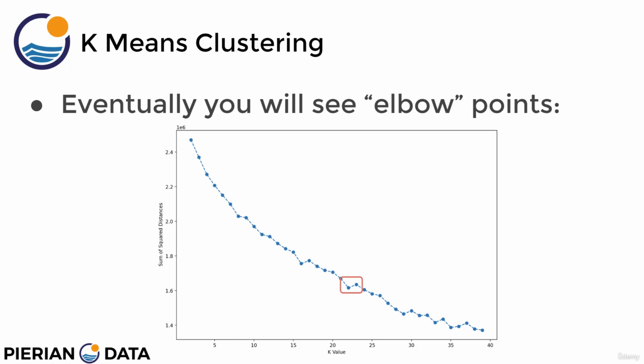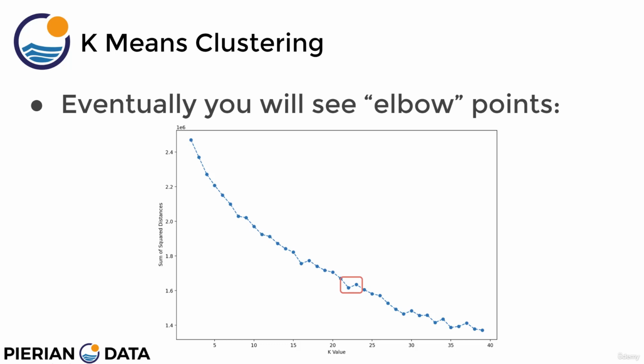Here we can end up looking for those elbow points and see where does it make sense to maybe do a cutoff where we're not actually decreasing SSD that much anymore by adding in a new cluster, and then start exploring that. And then that's where you could do the correlation with the features and try to understand, based off your domain experience, what these clusters are actually representing.